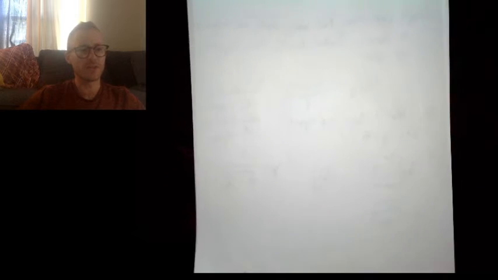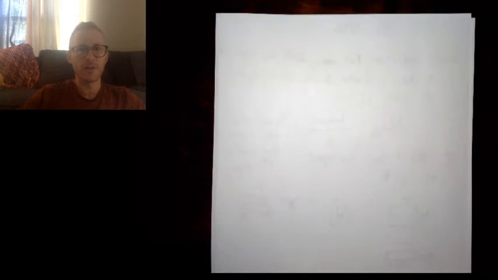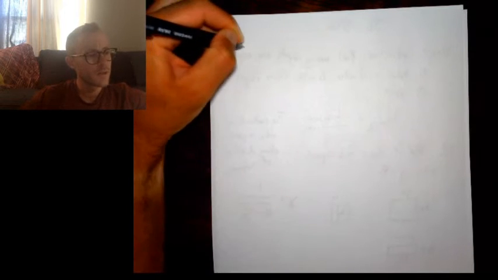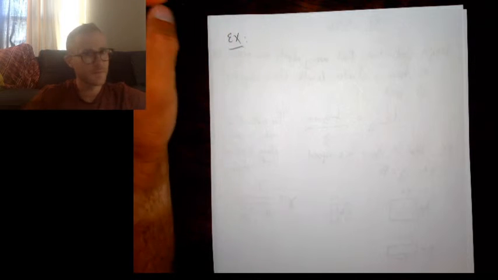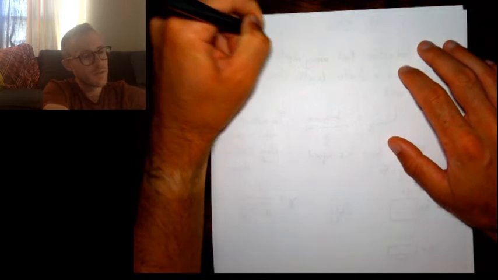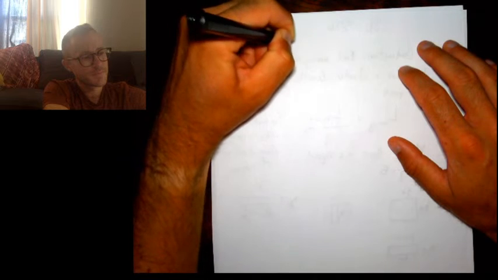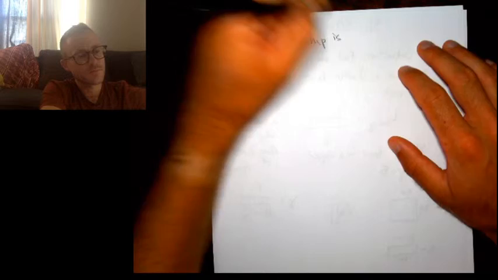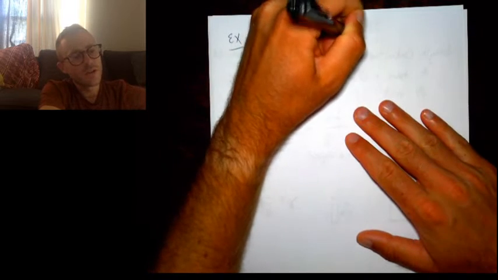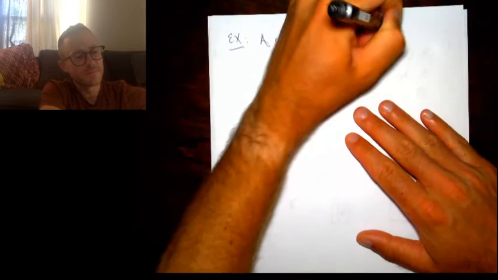So I want to do a comprehensive example of how this works. Let's suppose that a spaceship is 330 meters long.